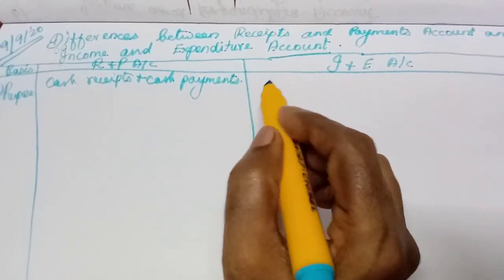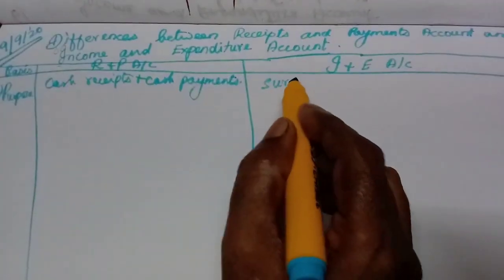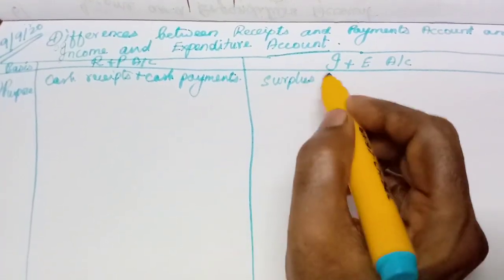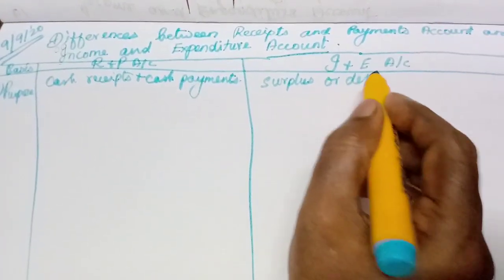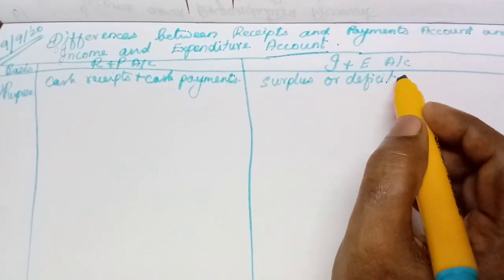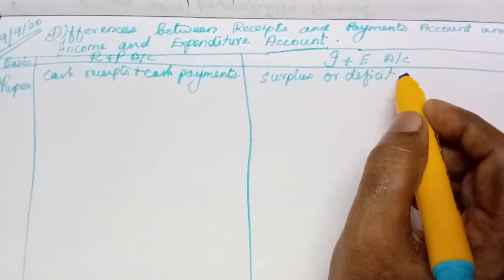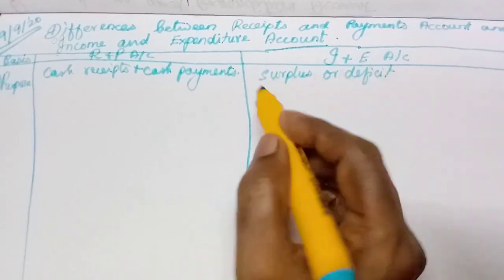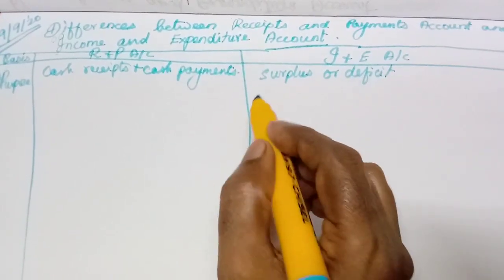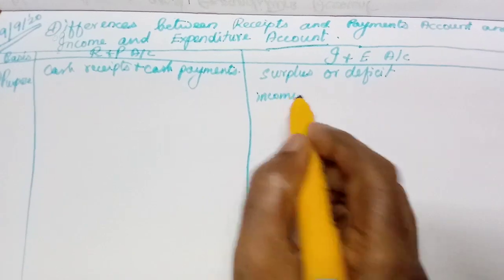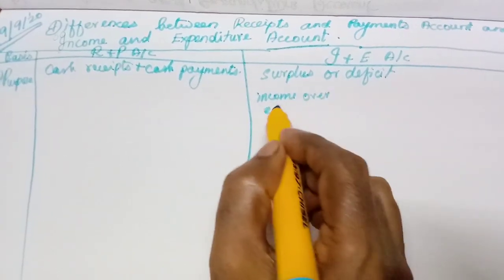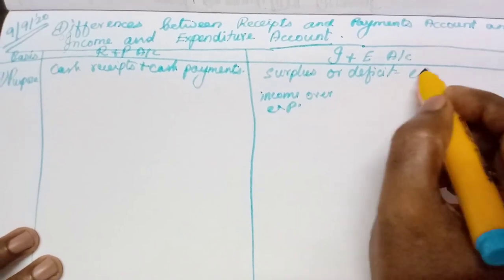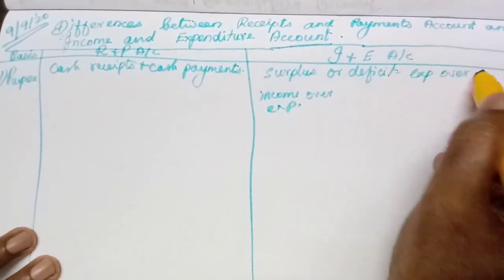Whether there is any surplus or deficit is calculated. That is the purpose that we are preparing this income and expenditure account. Surplus, we know it is excess of income over expenditure, and deficit, excess of expenditure over income.